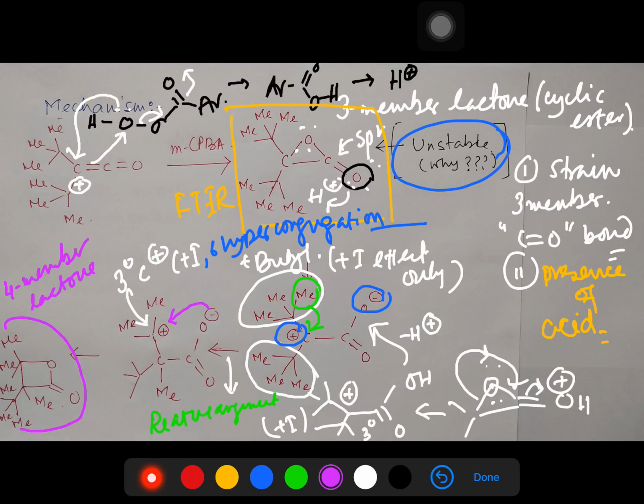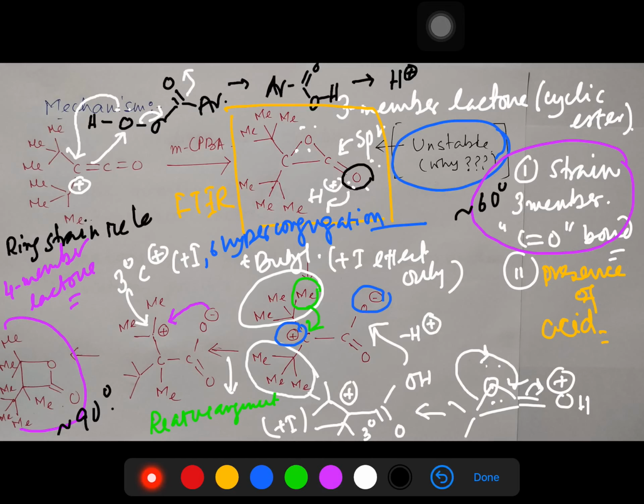So what is the advantage compared to this 3-member? In the case of the 3-member ring, there was strain, since the angle is around 60 degrees, but in this case it's a 4-member ring, with an angle around 90 degrees. So we can say that ring strain is released. So that is the advantage.